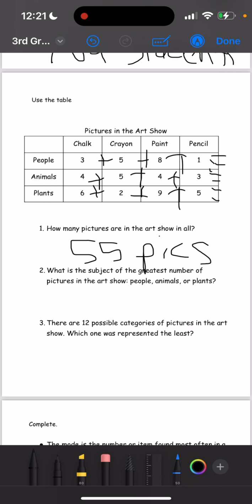It will be 3 plus 5 plus 8 plus 1, which equals 17. For animals, it's 4 plus 5 plus 4 plus 3, which equals 16. And for plants, it's 6 plus 2 plus 9 plus 5, which equals 22. So the answer to number 2 would be plants.